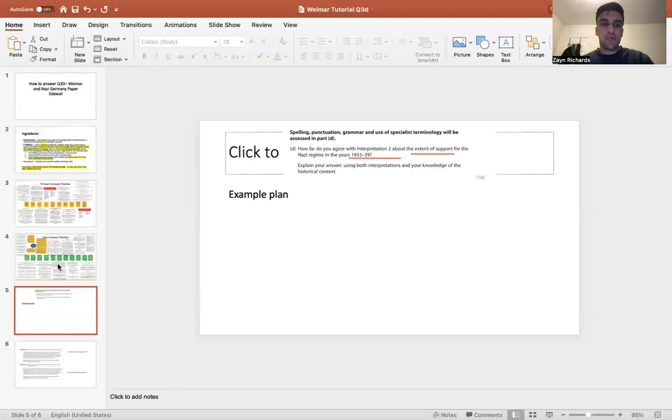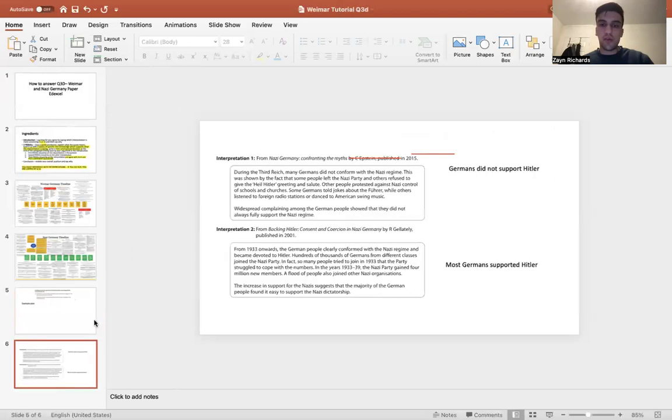So I'm probably going to argue that we'll say we agree more with interpretation 2. Okay. The reason why I probably do that is I will say that the extent of opposition to the Nazis is actually quite small.